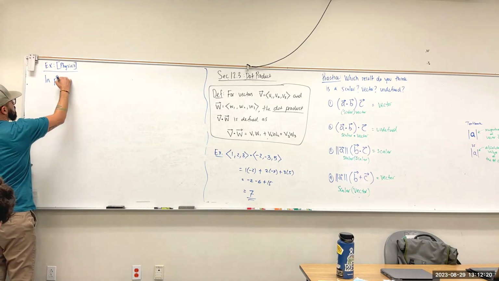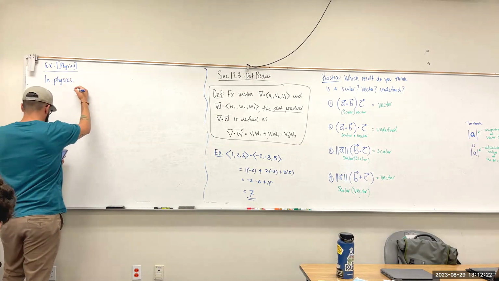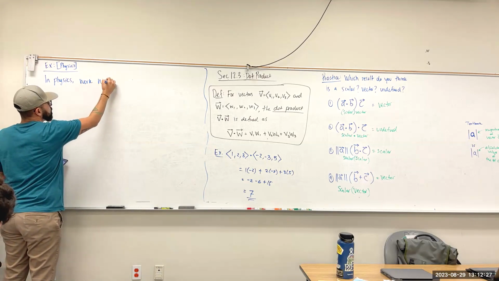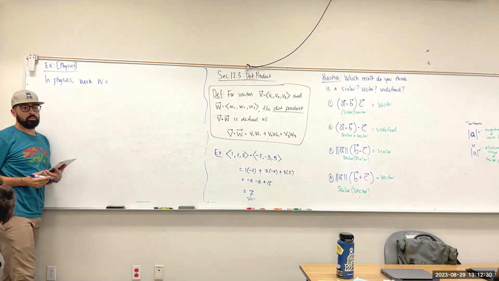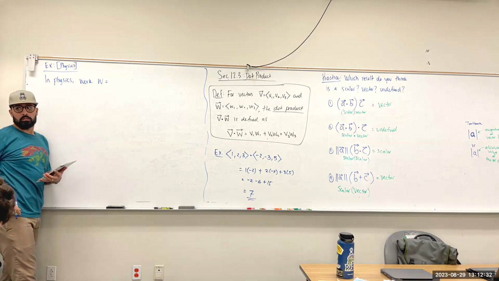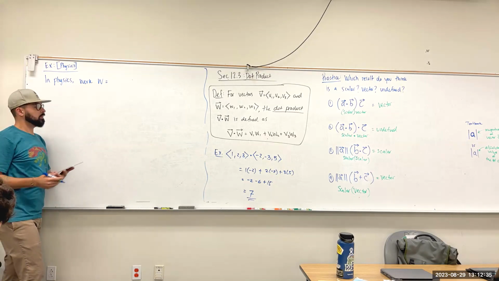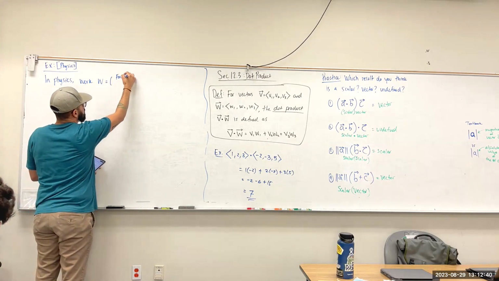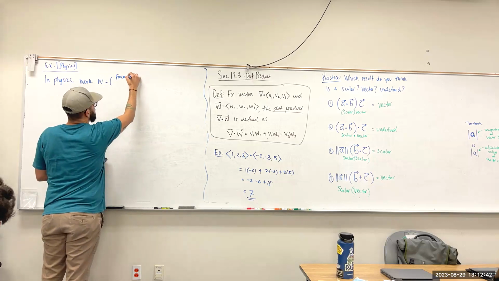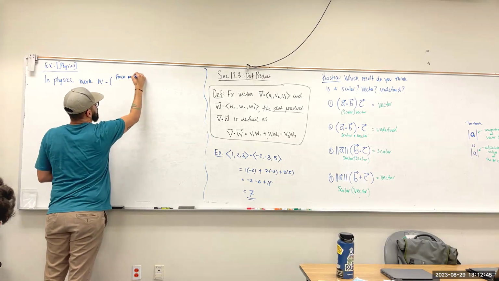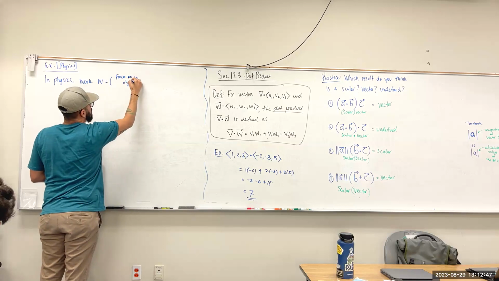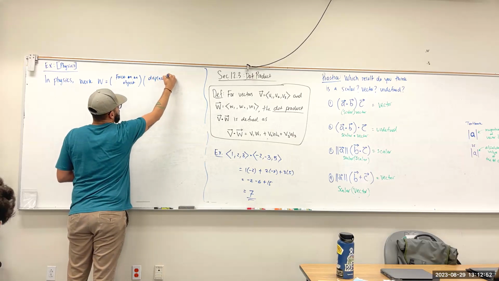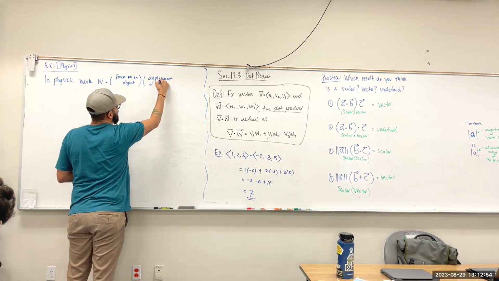So in physics, you guys can help me here. Work, when you're trying to find work, what operation is it? Force times displacement, right? So you normally take the force on an object and multiply it by the displacement of the object.